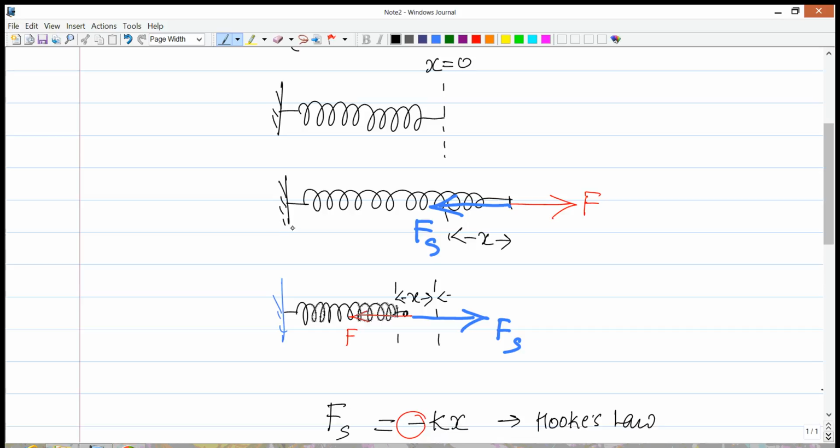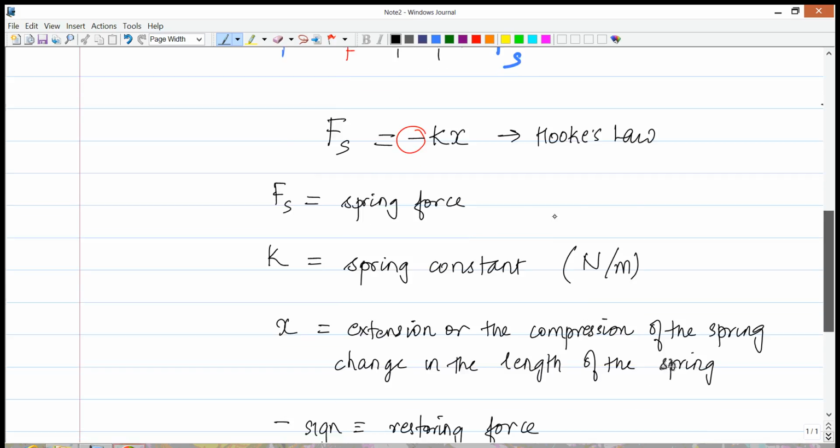In the third picture, X is negative, so negative K times X ends up being a positive value, and hence the direction of the spring force is to the right. So the negative sign essentially gives you the direction of the spring force, and also tells us that it is nothing but a restoring force.